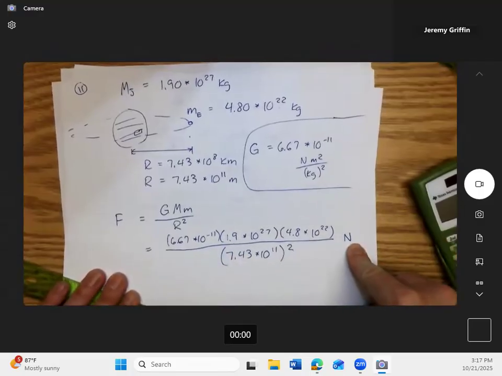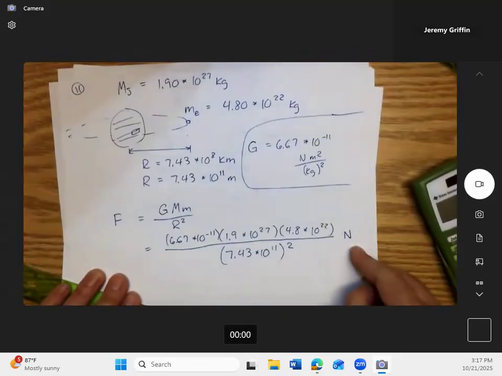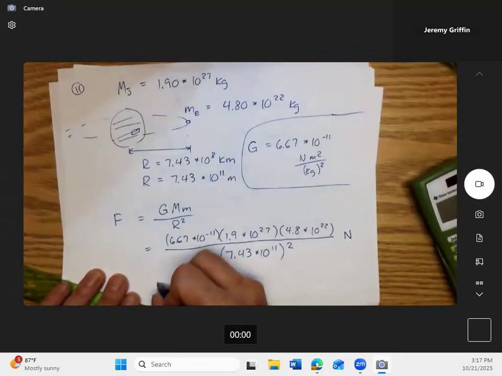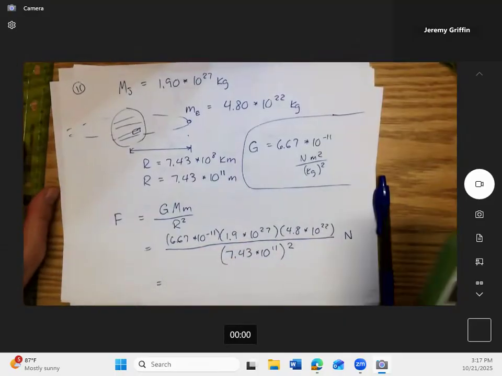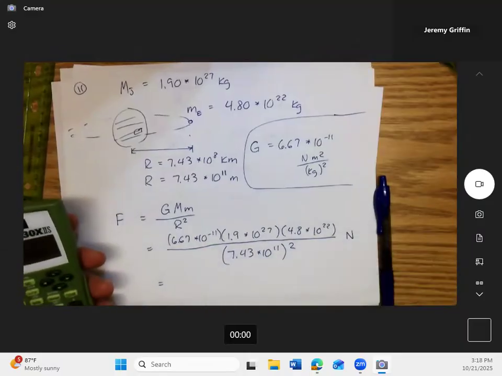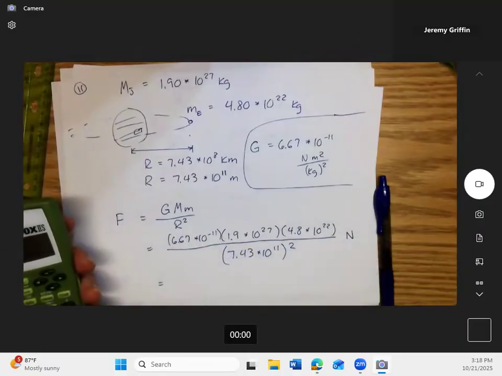So I took the units out, just consolidated that as newtons at the end, because these are all base SI unit values. With that. All right, so I'll type it. You guys type it. Let's see if we can all get the same number.